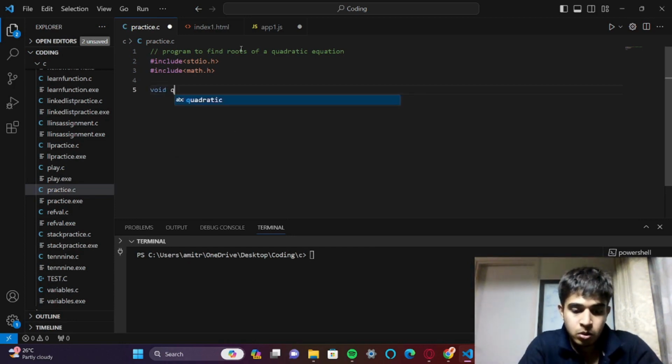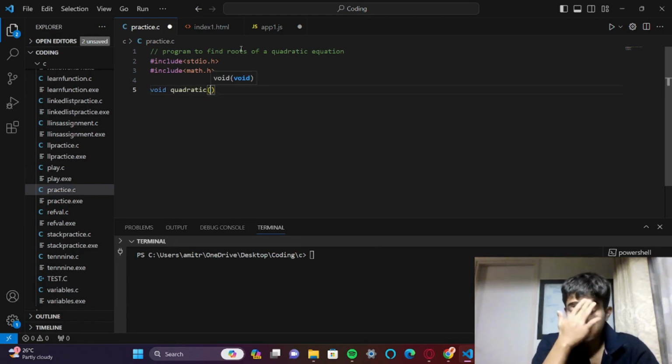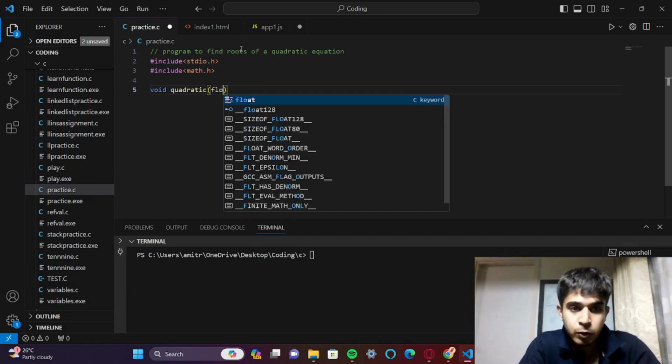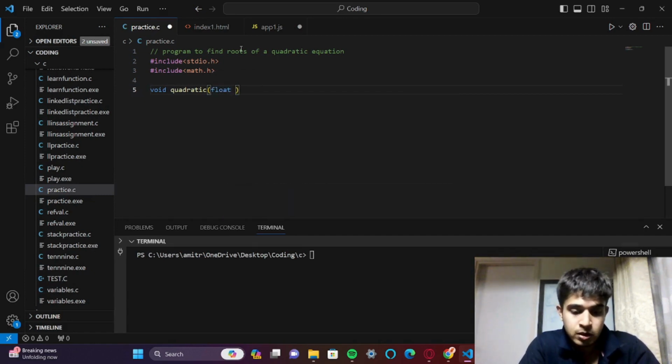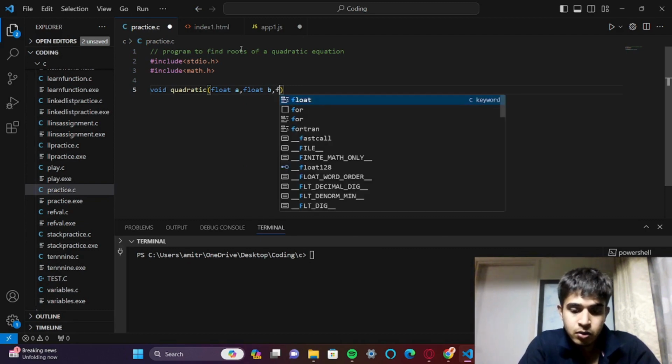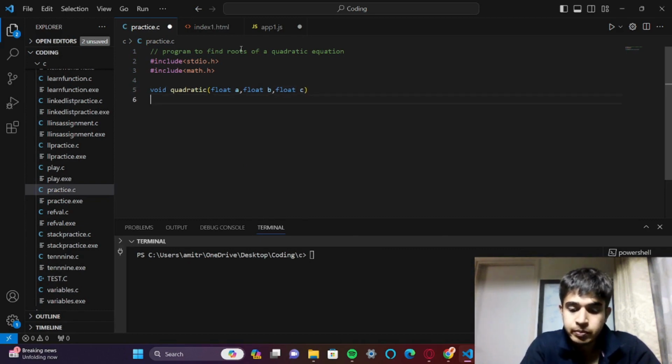Now let's write the function void quadratic, and the parameters that it will receive will be of type float: float a, float b, and float c.